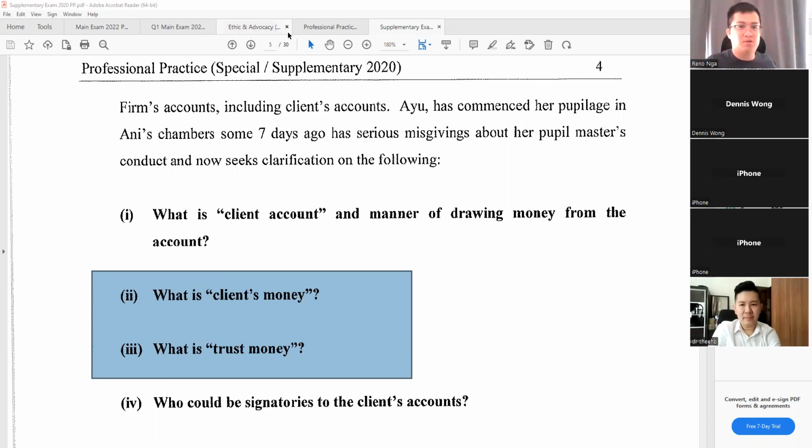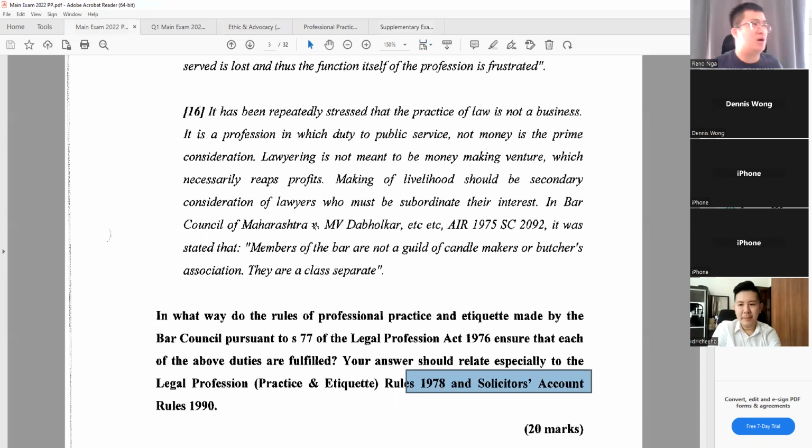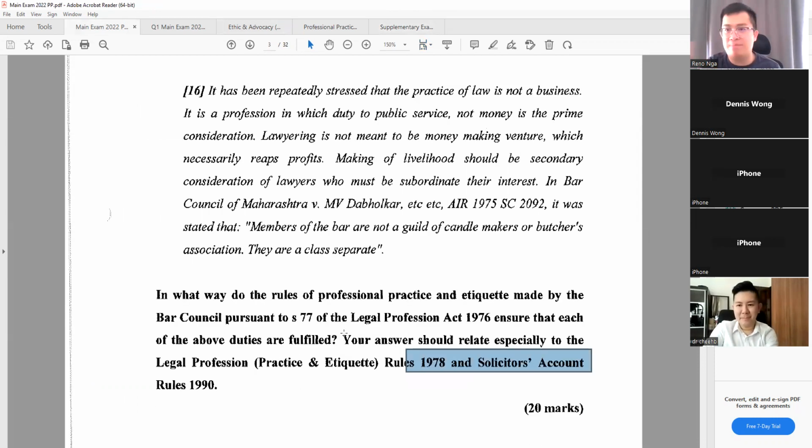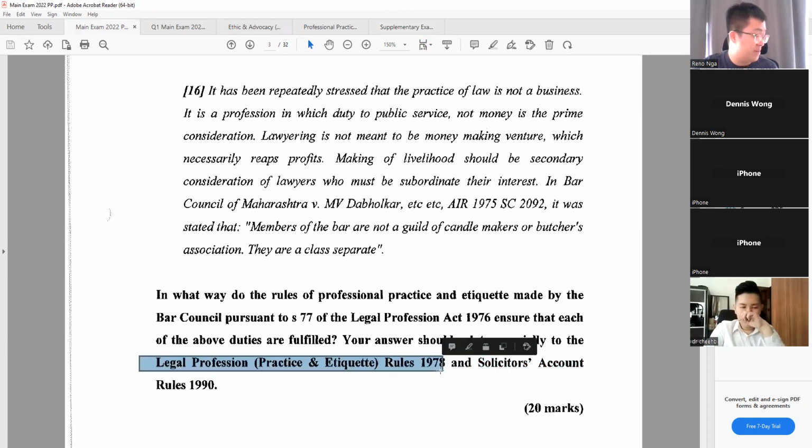Okay, let us go back to our questions. Let me repeat, for this kind of question, because they talk about money not being important and also how to maintain our dignity, my suggestion is that for LPPER, I will mention Rule 16 and Rule 31 for maintaining the dignity and upholding the standard.